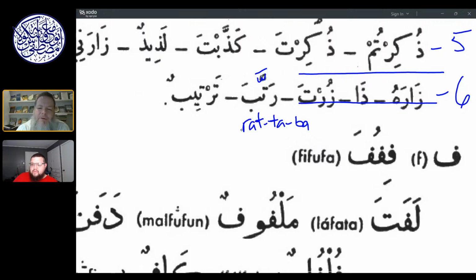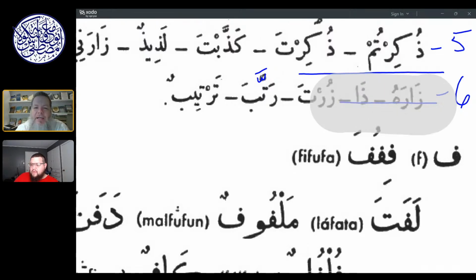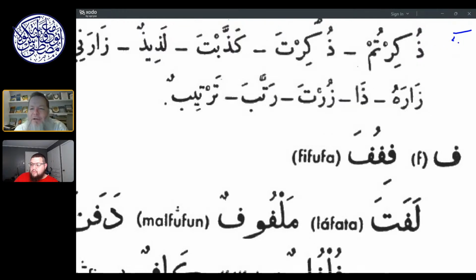So like right now, we're not learning the alphabet in its tartib, in its order. We're learning them in a different tartib. The tartib he chose here was so that we could learn certain letters and then get certain vocabulary words out of it.